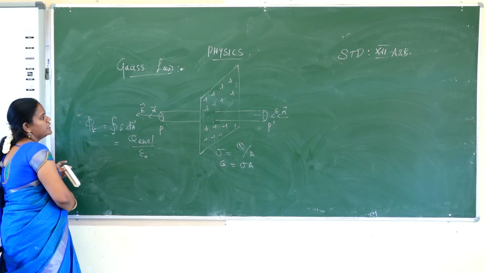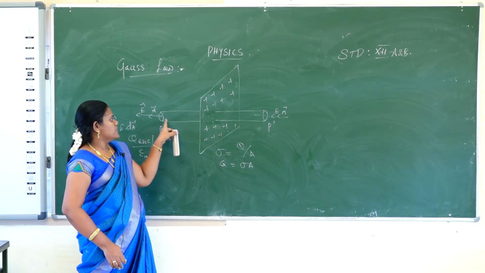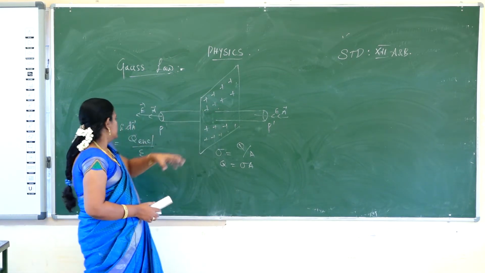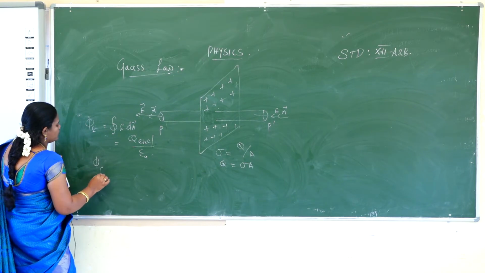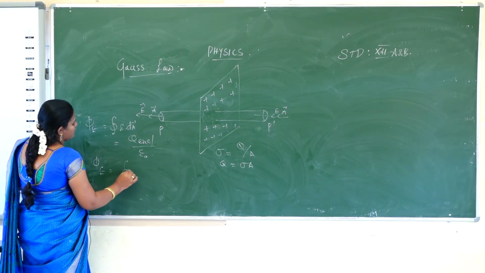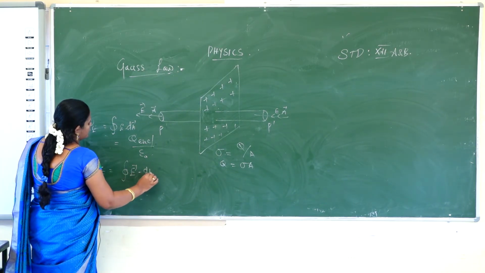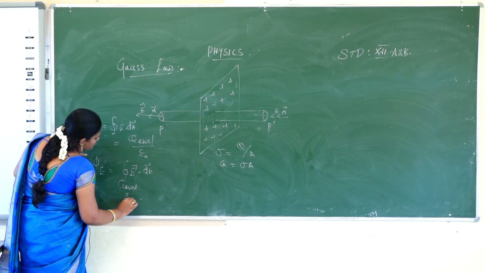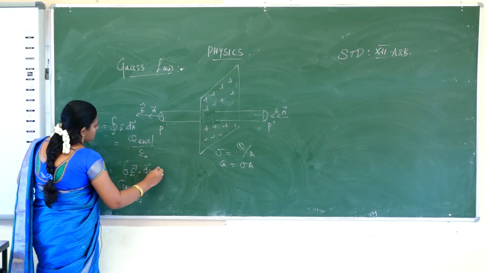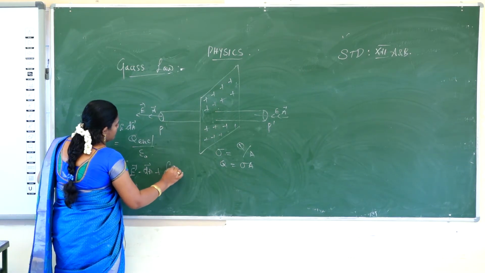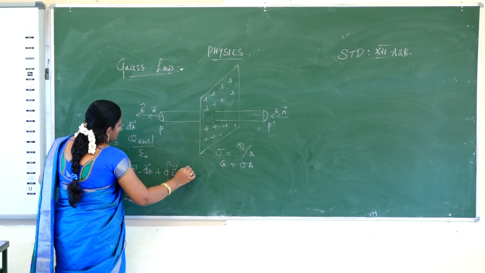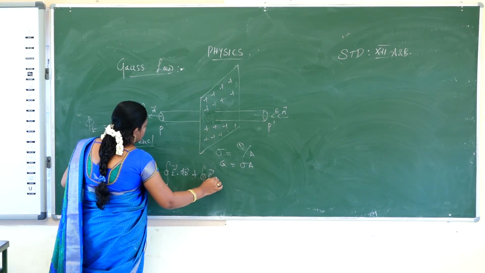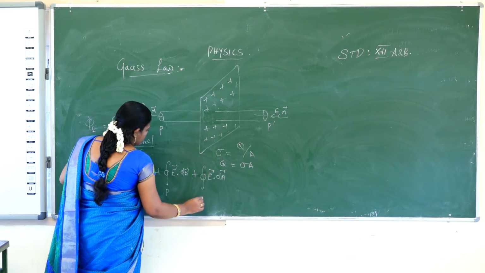Then we consider the center part first. The total flux phi E is equal to the closed integral of E vector dot dA vector over the curved surface, plus the closed integral of E vector dot dA vector at point P, plus the closed integral of E vector dot dA vector at point P dash.